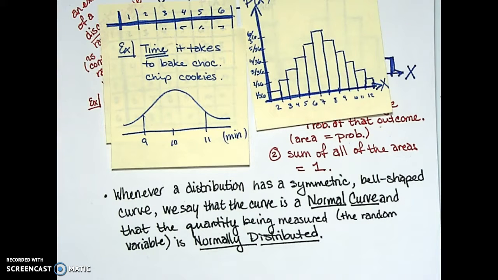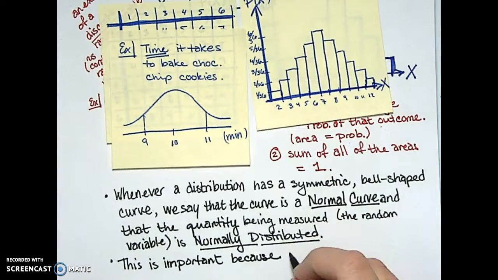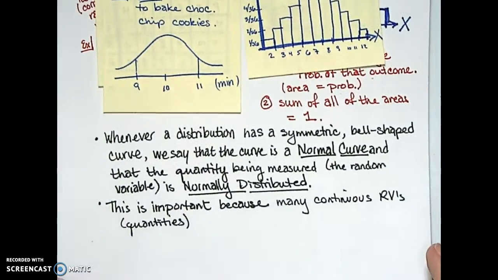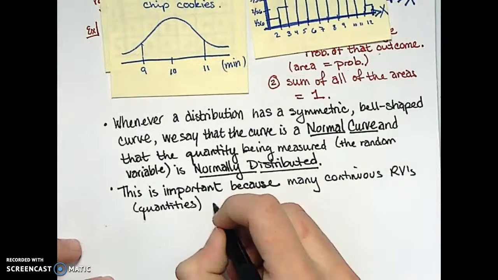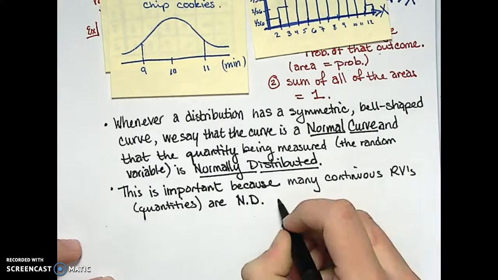Now, why is it important to talk about normal curves and normal distributions? This is actually an important topic because many continuous random variables, or many continuous quantities, are normally distributed. I'm going to abbreviate that with ND.